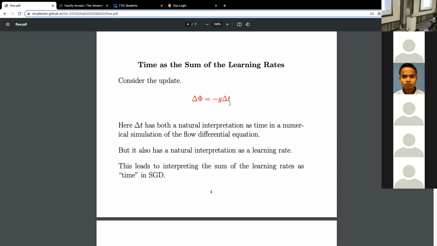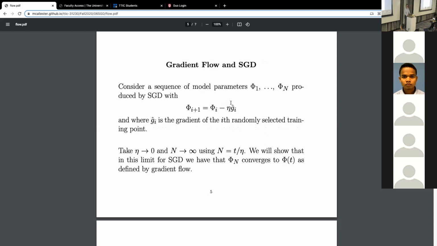The fact that it's approximating a differential equation allows you to think about it as a differential equation. And what that means is that you can take the sum of the learning rates, and think of it as time. So now we've got a notion of time in our SGD. Is that making sense? So the sum of the learning rates is time.